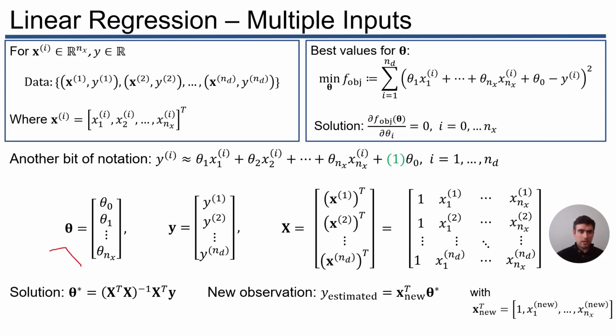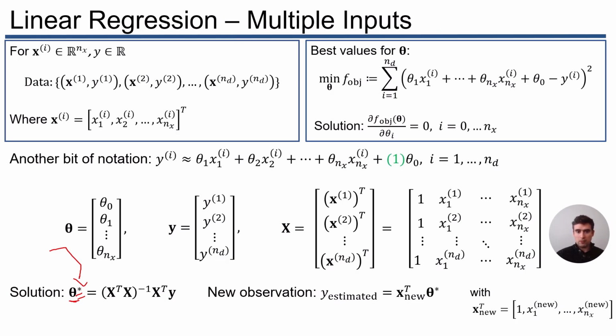Now I've simply added this asterisk here. This is just the way that in optimization we like to denote optimal. So I'm just saying here that this parameter theta is the optimal parameters that again fit the plane. Now the nice thing is that when I get a new observation, so let's say that I get a new house where I have the square meters and the number of windows and I want to predict the price.